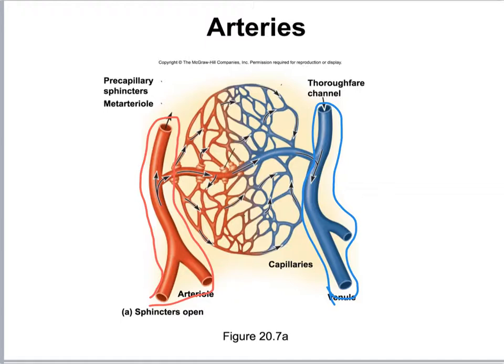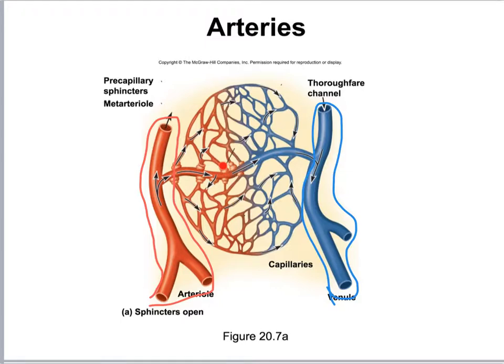And blood branches off into a capillary bed from the meta-arteriole. And so the meta-arteriole will constrict down, and that will force more blood into the capillary beds where gas exchange takes place. And then your deoxygenated blood gathers on the other side and goes into the venule.